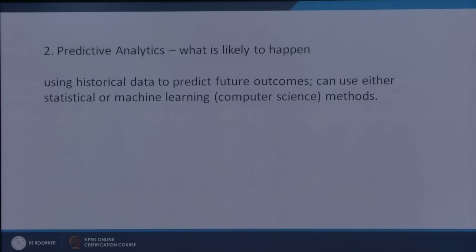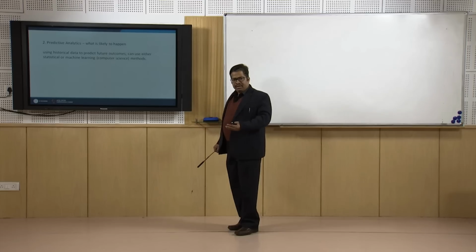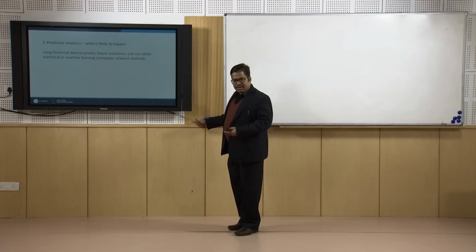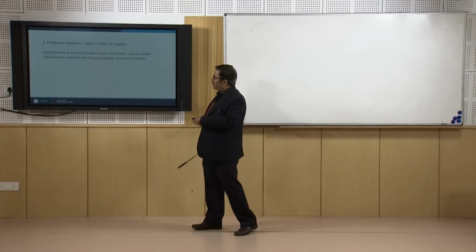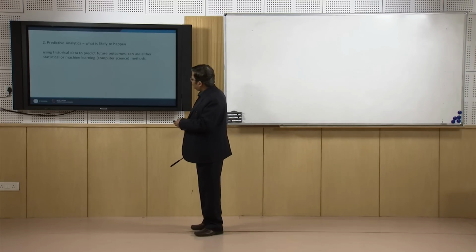Or you can also use machine learning, where you use a lot of algorithms developed in computer science, and with the help of those algorithms you try to predict the future. That is the second type of analytics.